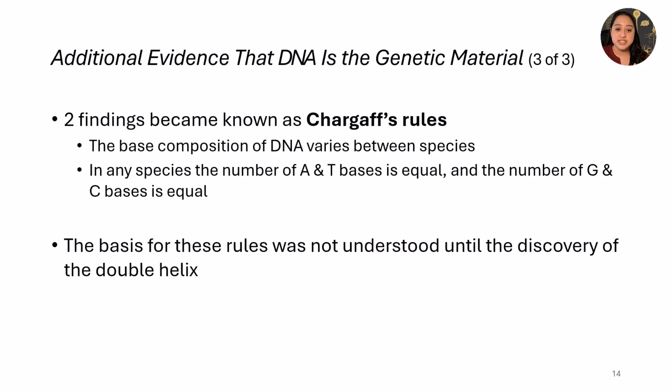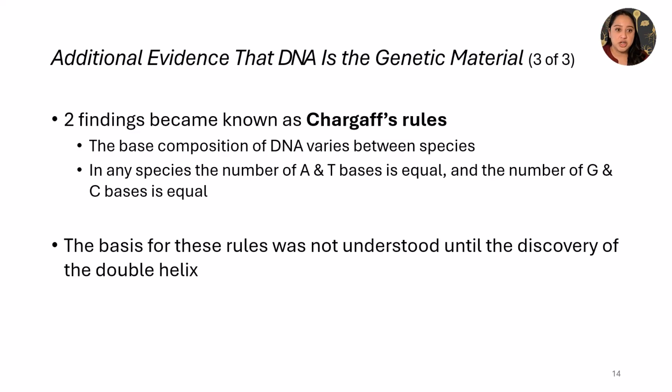And that is for a reason that we know now. The basis for these rules was not understood until the discovery of the double helix. But he was onto something: if we look at the nucleotides, there's some correlation. The A's and T's are always equal, and the G's and C's are always equal. Later on we figured out why.